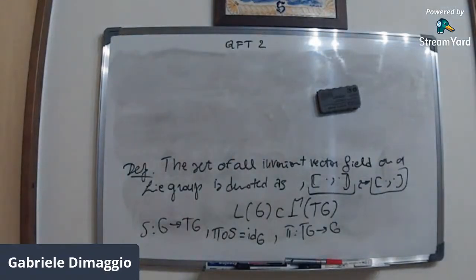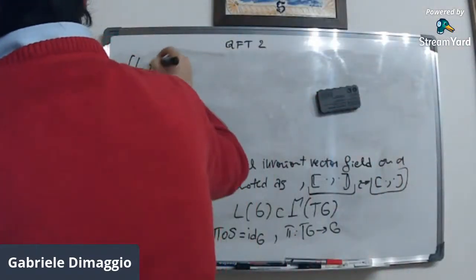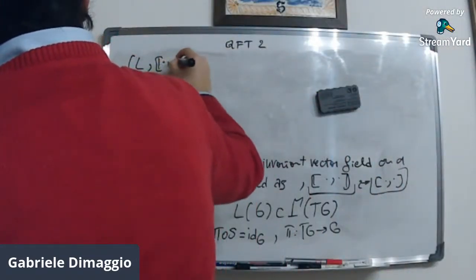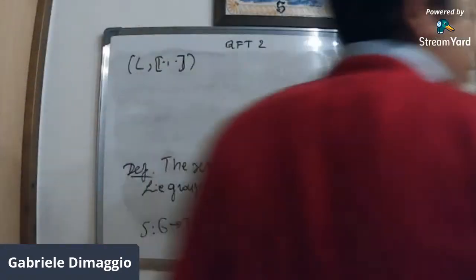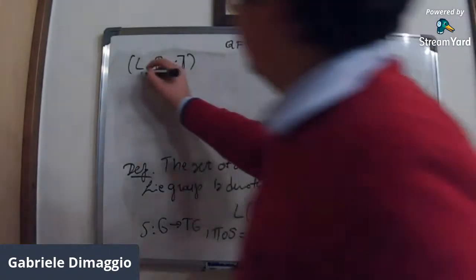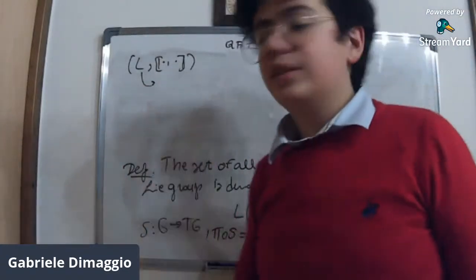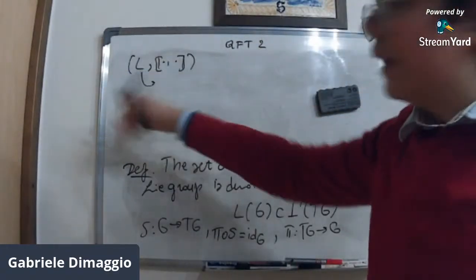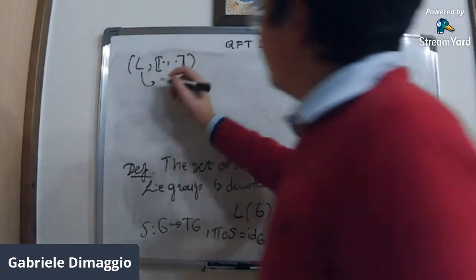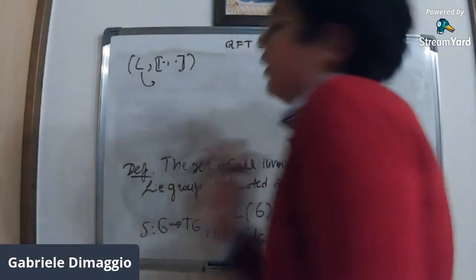So, consider a Lie algebra, endowed, of course, with a Lie bracket. We must remember that a Lie algebra is a vector space, of course, with some particular properties.